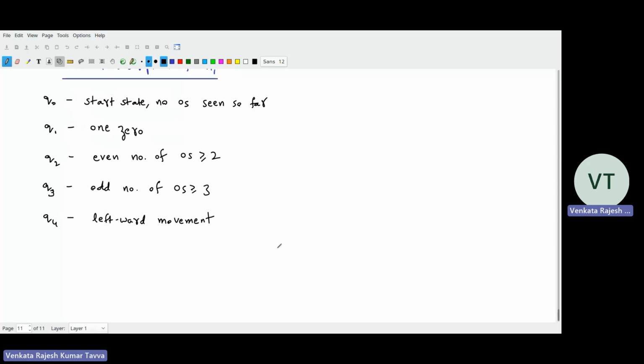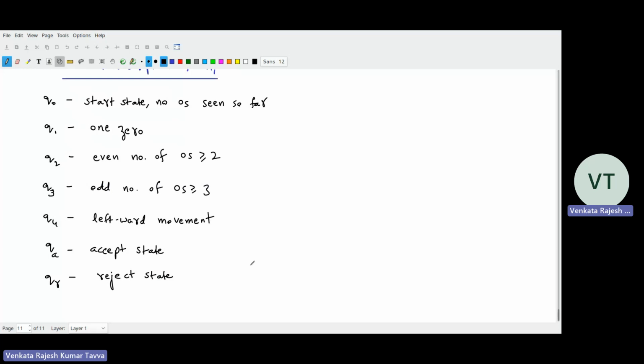So there is one state where you are just going one step at a time left in a loop. So that is Q4. And QA is the accept state. And QR is the reject state.